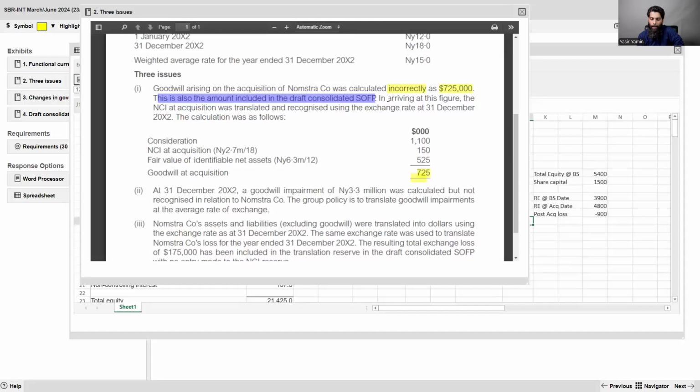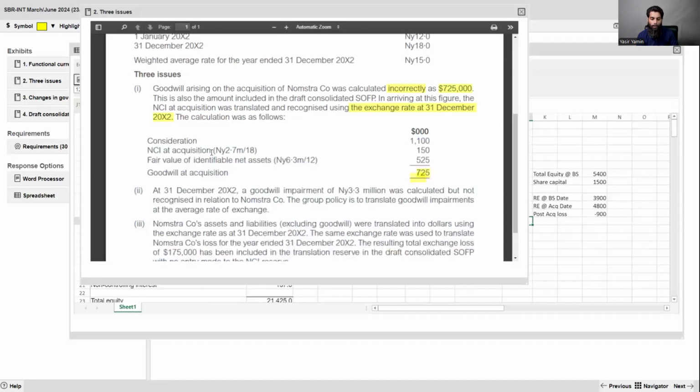It says that in arriving at this figure, the NCI at acquisition was translated and recognized using the exchange rate at 31st December 20X2. So what they are basically saying is that they did some calculation. They took the consideration correct.